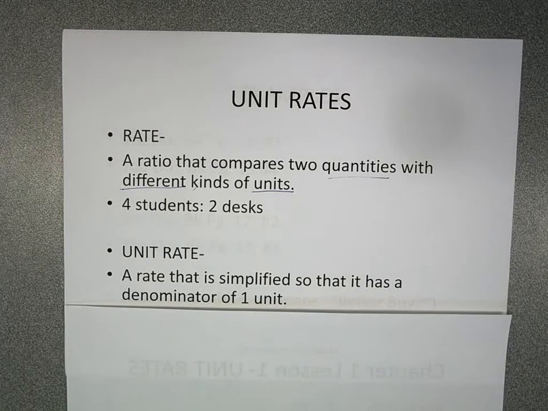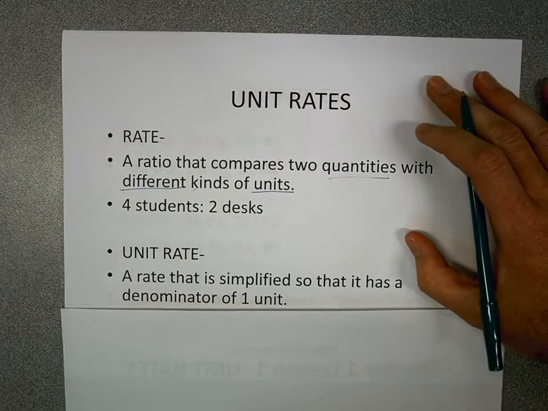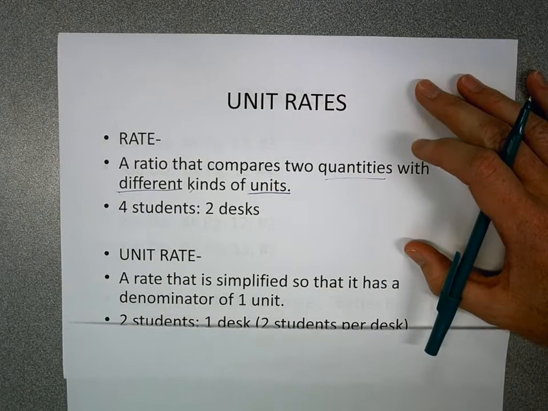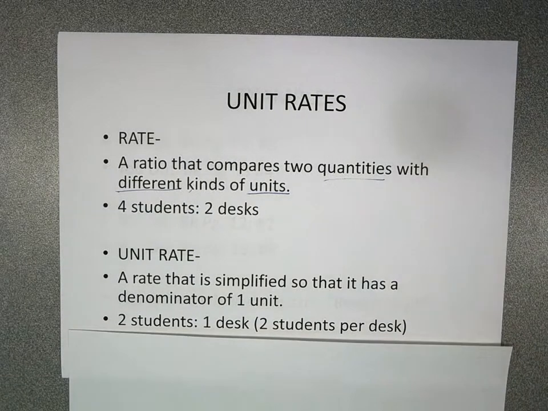Now, a denominator, of course, coming from fractions. We're going to get into that. Okay, but it is a denominator of 1 unit. Now, if you don't quite know what I'm talking about, here's what I'm talking about. We have the 4 students to 2 desks. If we use that same idea, here's what a unit rate is. 2 students to 1 desk.